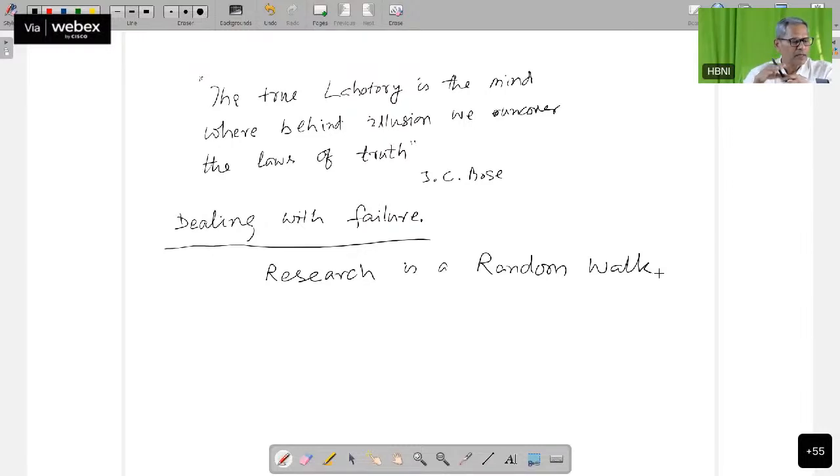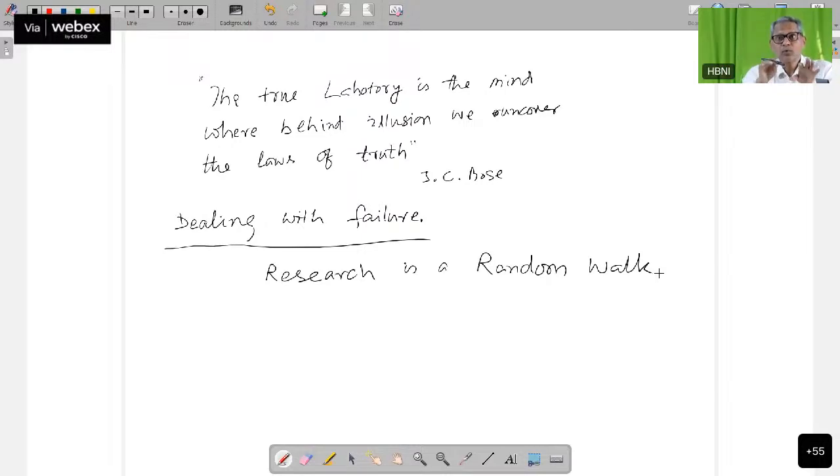Dealing with this type of failure, you need to really be cool and talk to your guide and your lab mates. If there is a failure, you are free to change your assumptions. Maybe some experiment you expected should come like this, it is not coming.